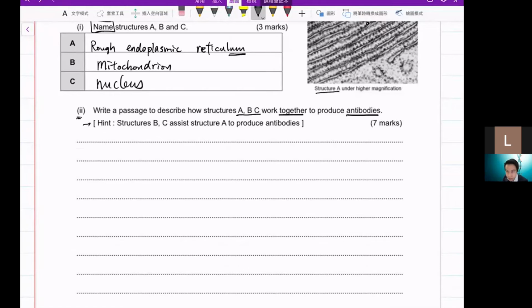First, you need to tell what is the role of each organelle in producing antibody, which is a kind of protein. Secondly, you need to tell how ABC work together. So working together is also important. If you just state the function of 3 organelles separately, then you will get only 6 marks, okay? The final mark is for their relationship.